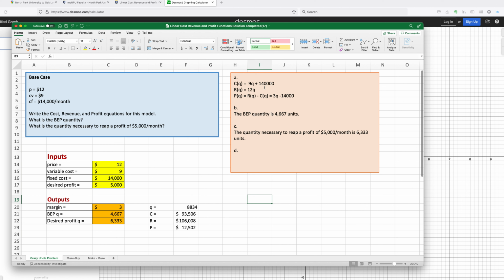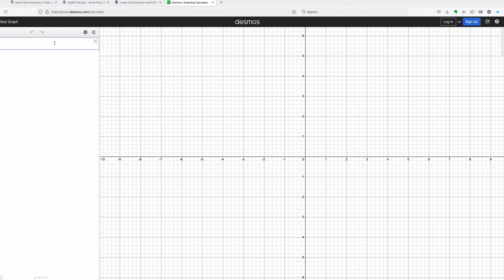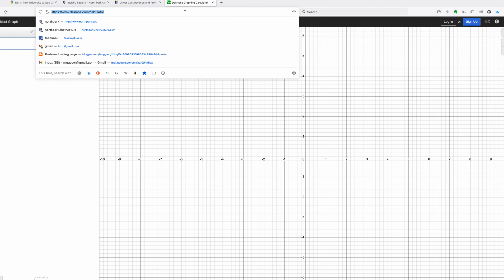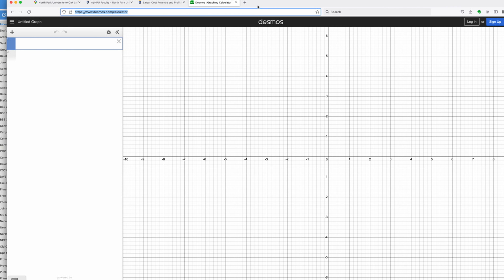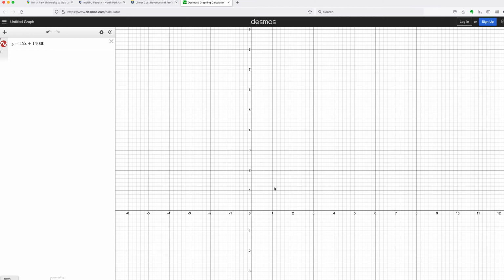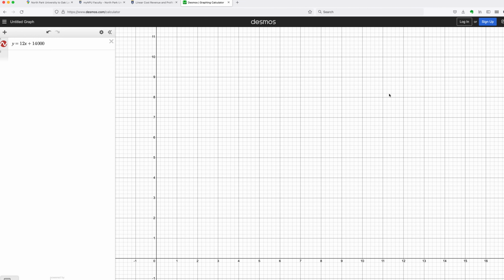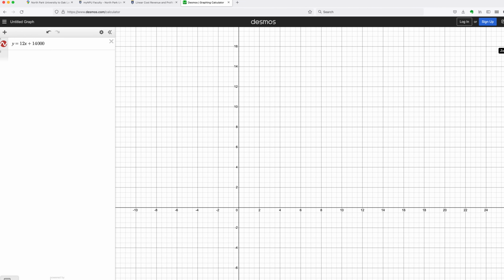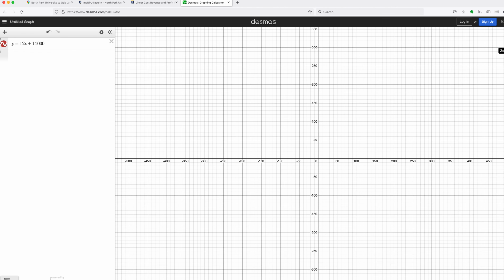So I want to say 9Q plus 140,000, that's way too much, 14,000, and 12Q. So I say y equals 12x plus 14,000. Now you can't see it anymore because 14,000 is the y-intercept, but the view only goes up to 11. So I have to zoom in a lot.